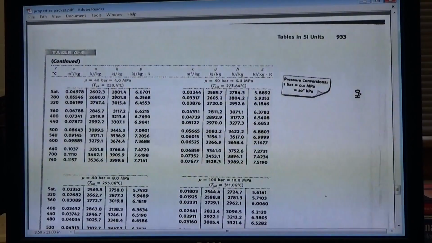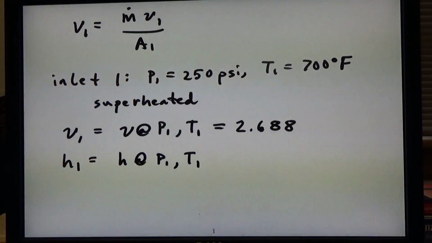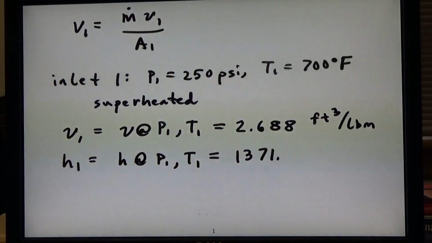Specific volume V1 was 2.688, and the units there are feet cubed per pound mass. Our h was 1371.1. Units on h are BTU per pound mass.